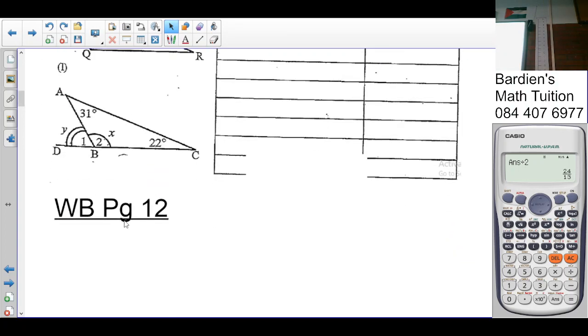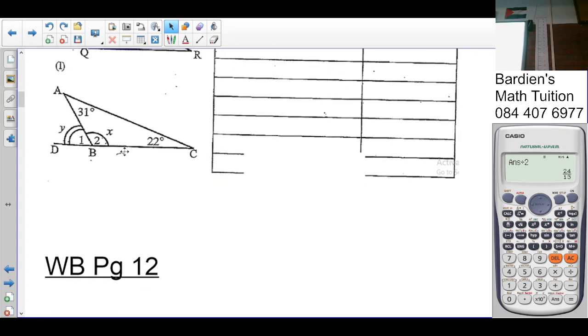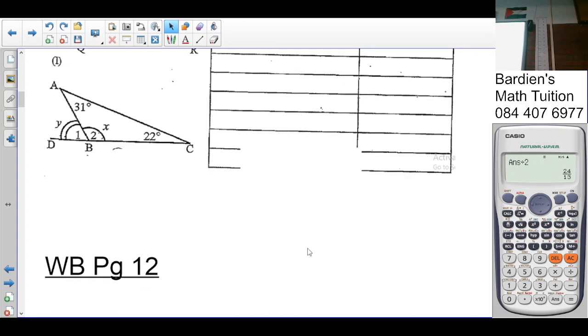Let's look at L. What needs to be worked out here? Your X and your Y need to be worked out, not so?